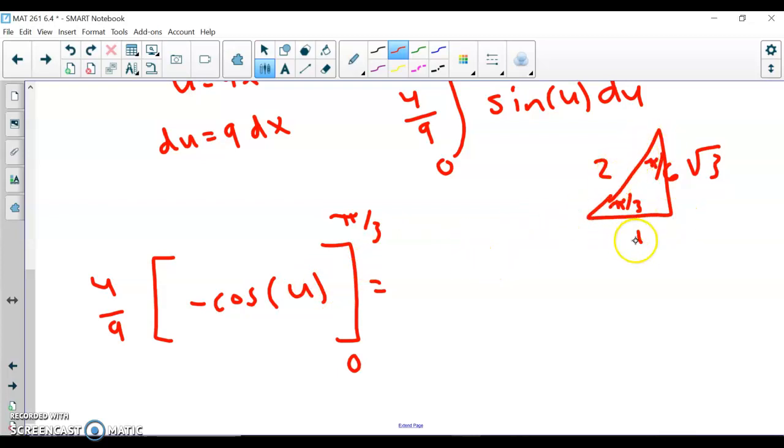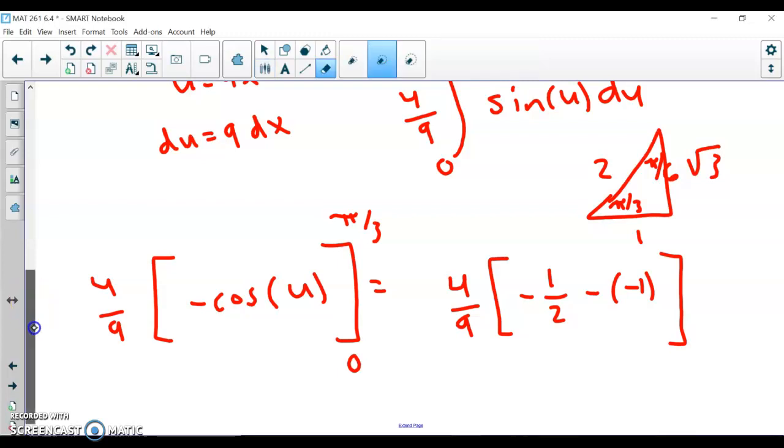So cosine of pi over 3 is 1/2, but we've got a minus 1/2 here. So we've got 4/9 times minus 1/2. And then, remember the cosine of 0, everyone should know the cosine of 0 is 1. So I've got a minus, and there's a minus here, so minus 1.